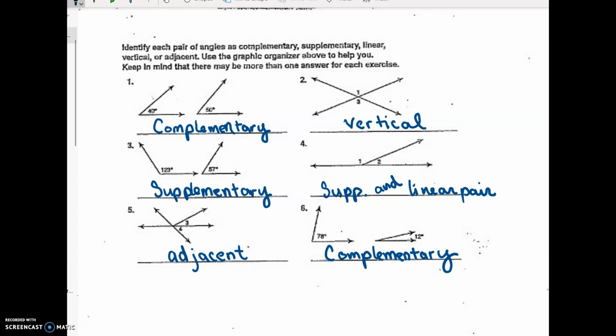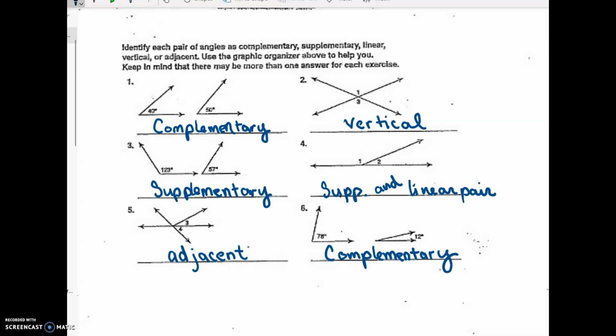In this problem, you just want to go through and check your answers there. So complementary, vertical, supplementary. These could be supplementary because they form a straight line, so they have to add up to 180. You could also say they're a linear pair.